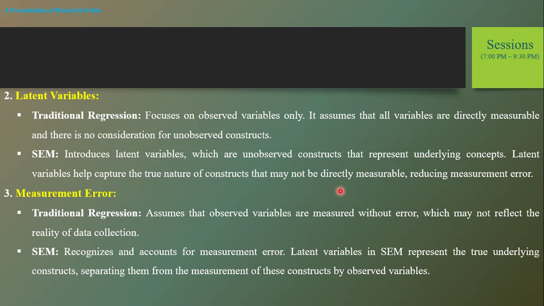Somehow we can also use the SEM as an alternative to the regression model also. But in some cases where the model is very complex and we cannot easily deal with the regression, then we should use the SEM analysis.